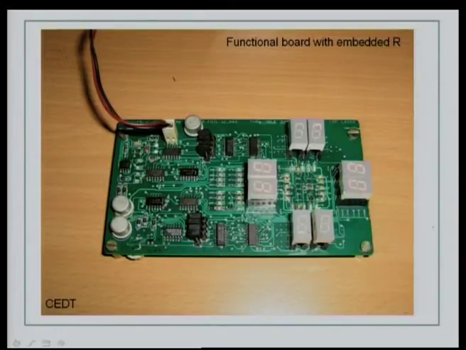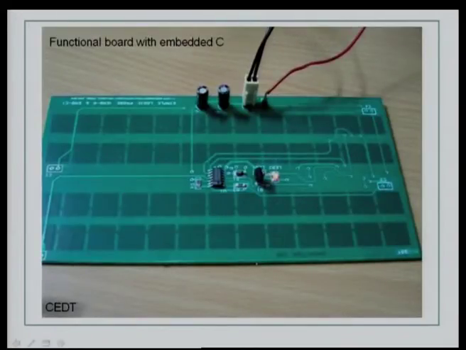So, you can see here a close up of a functional board with embedded resistors. In this particular case, you can see capacitors are mounted, there are active devices, there are other large through hole components also, but all of the resistors have been embedded into one of the inner layers. Now, you can see here this functional board, this is with embedded capacitors.